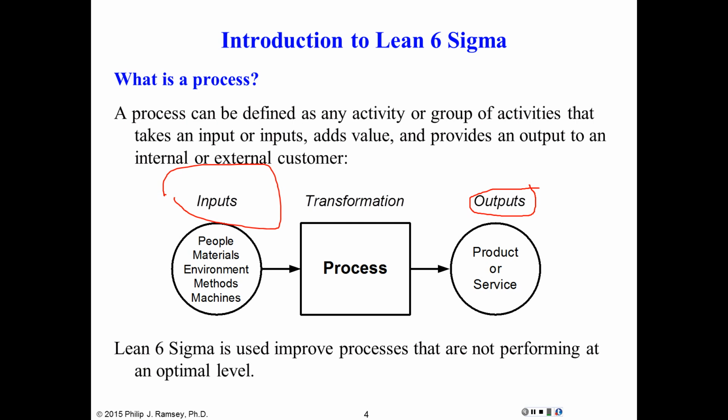But those are the two possible outputs. So there are many processes. Just think of it at a high level, and the goal of Six Sigma is to take a process, understand the inputs, and understand how those inputs and the steps in the process contribute to the variation in the output. And again, we'll expand a lot on that as we go through the course.